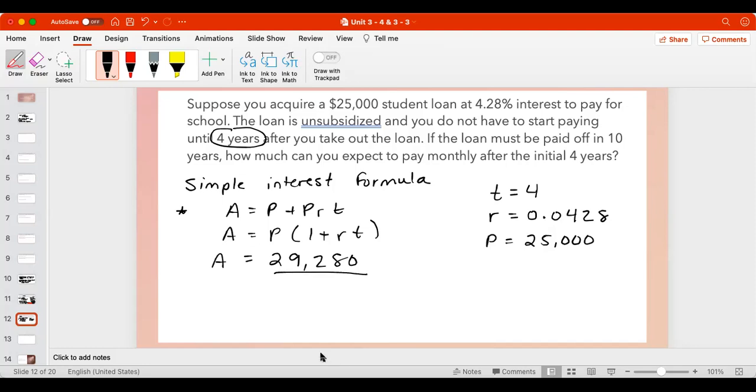So now what we're going to do is, after the 4 years, this is the amount you could think of as what we're borrowing because it earned interest. And that's what you're going to put into your monthly payment formula.